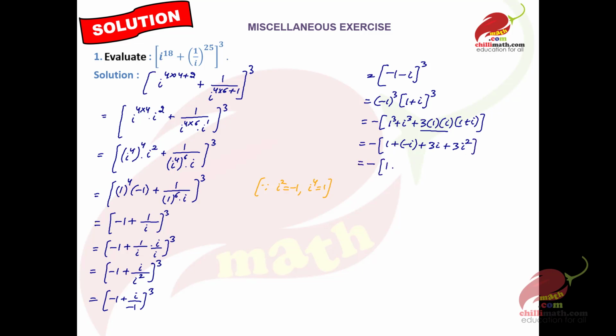On solving, we get 1 minus i plus 3i plus 3 into minus 1, that is minus 3. Now solving this, 1 minus 3 is minus 2, and 3i minus i is plus 2i. On solving, we get minus of minus 2 as 2, minus of plus 2i as minus 2i, which is your required answer.